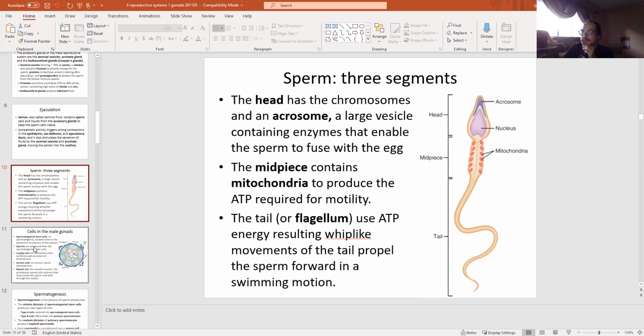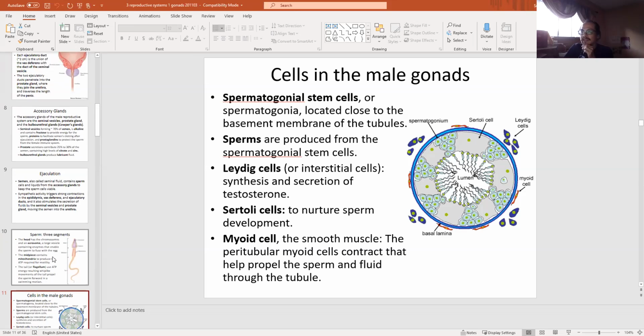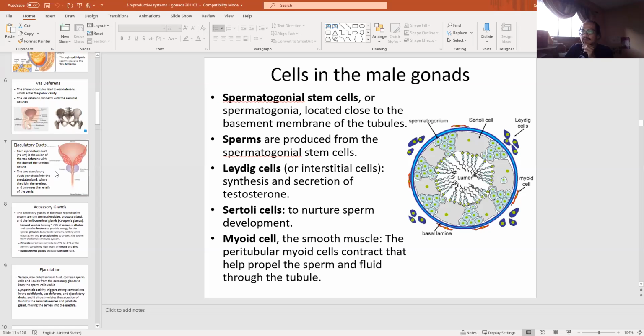So that is the sperm, and we also have other cells inside of the seminiferous tubule.